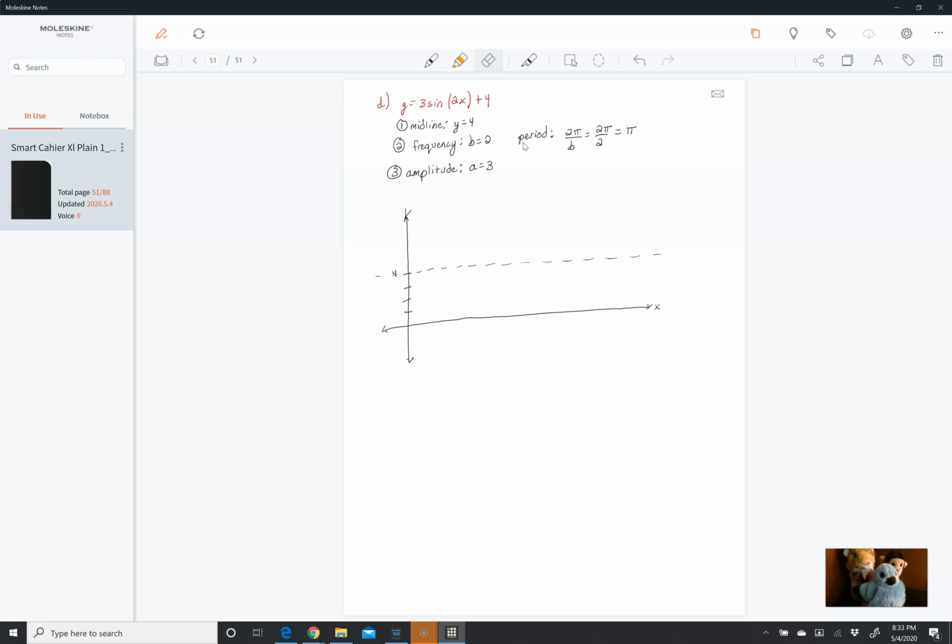Our points: we're going to have a point at pi, then a point at pi over 2. So here's pi, here's pi over 2, halfway. Then we're going to multiply by 1/4, which is pi over 4, another point. And then we're going to have 3/4, or 3 pi over 4.